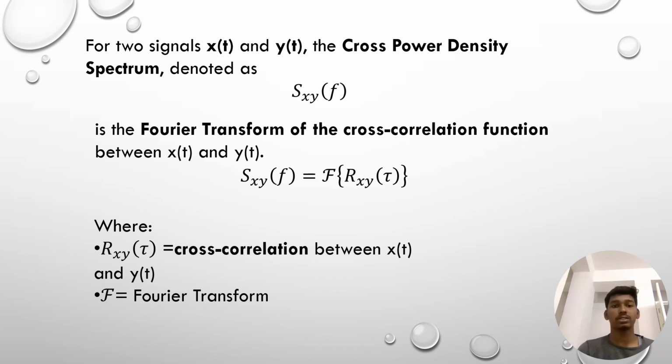For both random processes x of t and y of t, in terms of frequency, it is the Fourier transform of the cross correlation function between x of t and y of t. Sxy of omega is equal to the Fourier transform of the cross correlation function with respect to time, whereas Rxy is the cross correlation between x of t and y of t. Here F represents the Fourier transform.